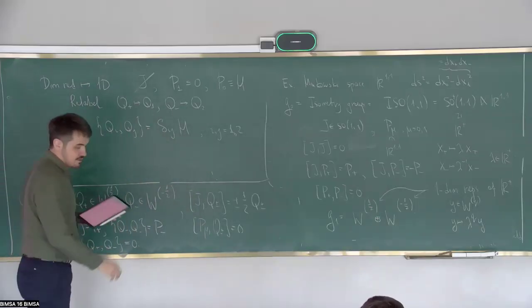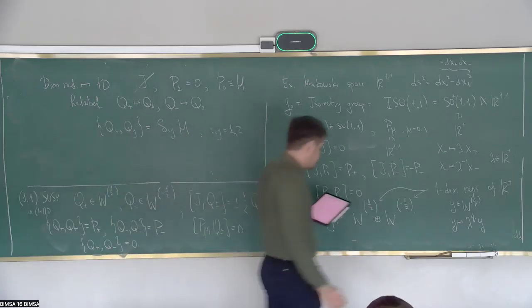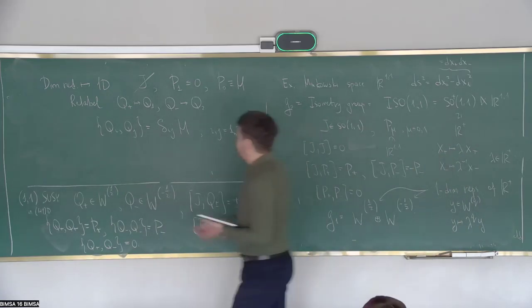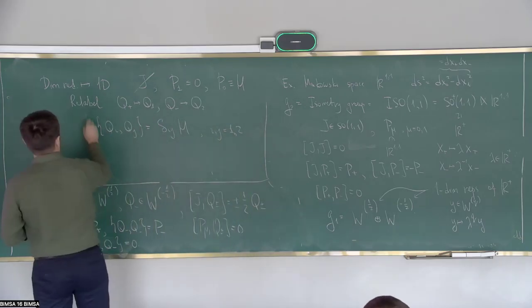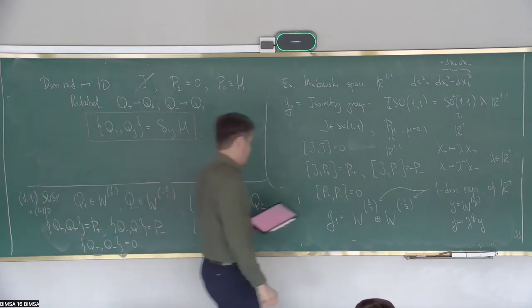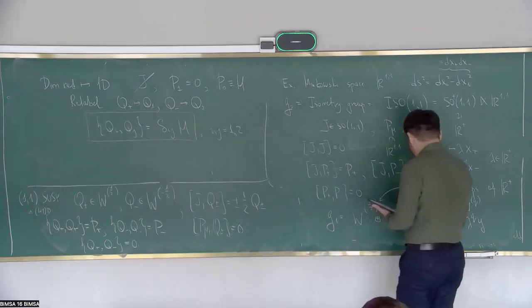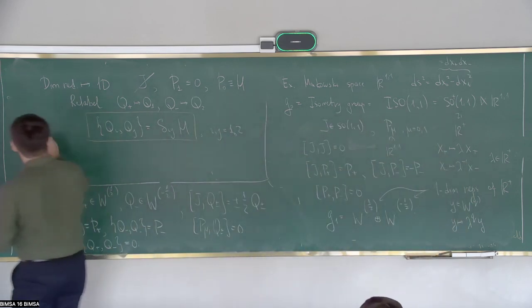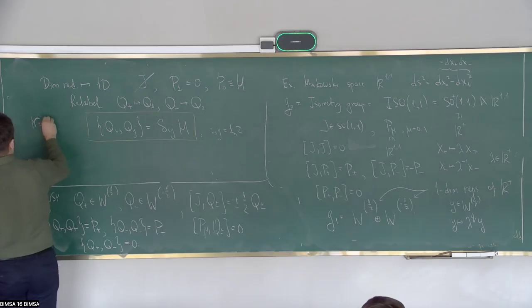And then the algebra will simply degenerate to {Q_i, Q_j} = δ_ij H. So this is the main object, the one-dimensional algebra. What's called N equals 2 supersymmetry in 1D. Again, there are different notations, but usually N equals 2 supersymmetry.